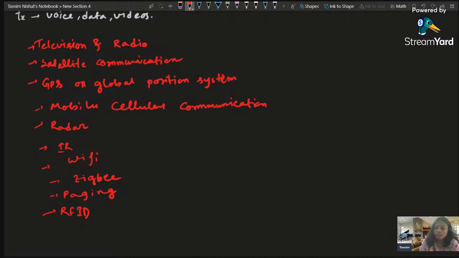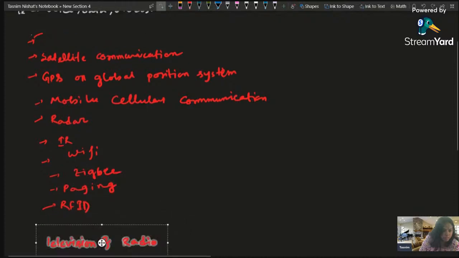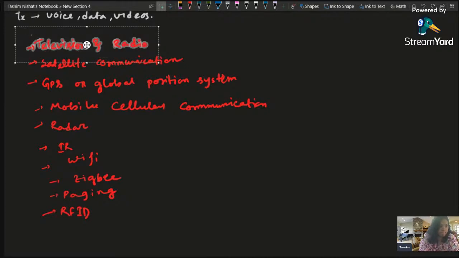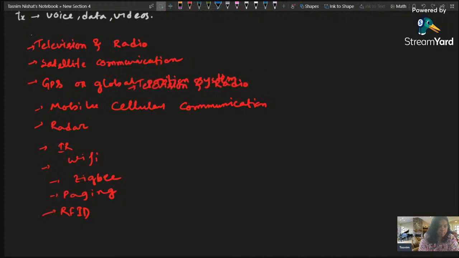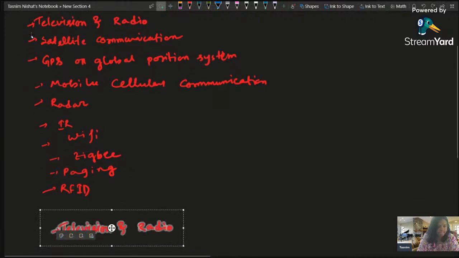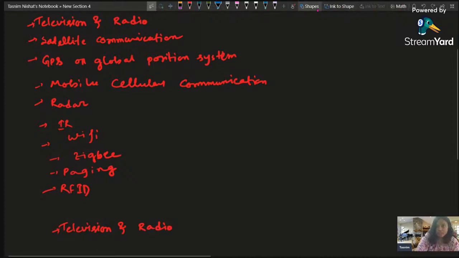Here, we are mainly focusing on what are the technology used here and what's the requirement of the data rates and the power, etc. So, first, radio and television.